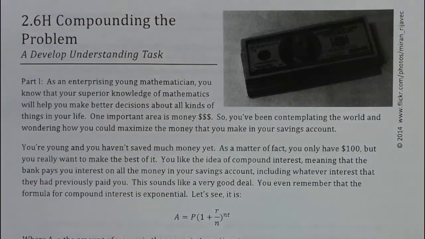In that second paragraph, it says you haven't saved a lot of money yet. You only have $100 you want to invest in a bank and take advantage of compounding interest. Basically, it means that when you get interest on that $100, that interest is added to your account. So you have more than $100 after that. Then the next time you get interest, you're getting interest on a larger amount.